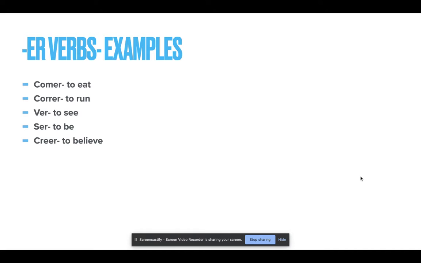Now, ER verbs. So here's a whole other category of verb that ends in ER. So here are some examples. Comer, to eat. Correr, to run. Ver, to see. Ser, to be. Creer, to believe. So all of these end in ER.